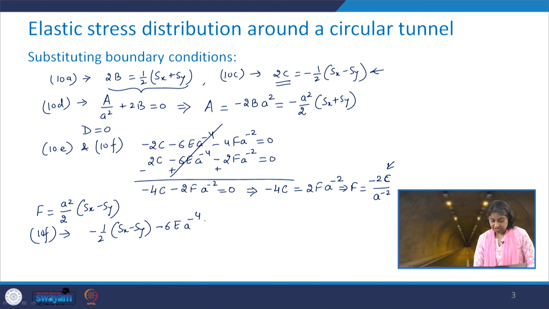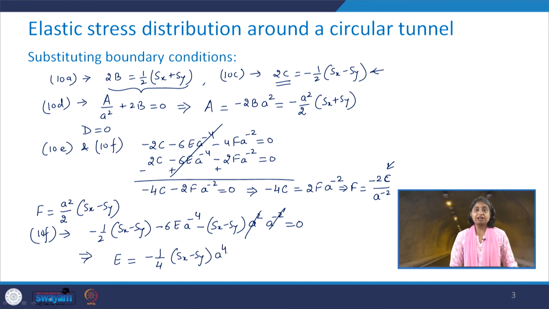Okay, so this is going to be minus Sx minus Sy a square into a to the power minus 2. This is going to be equal to 0. So this and this will get cancelled out, and from here what you are going to get as the expression for E is minus 1 upon 4 Sx minus Sy a to the power 4.